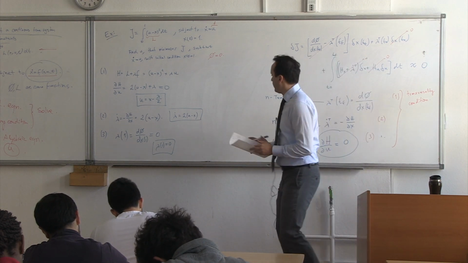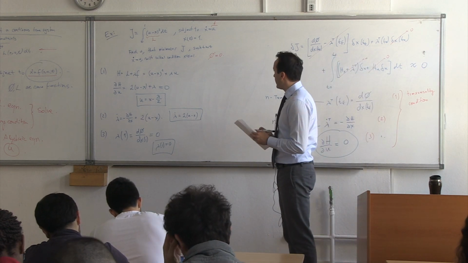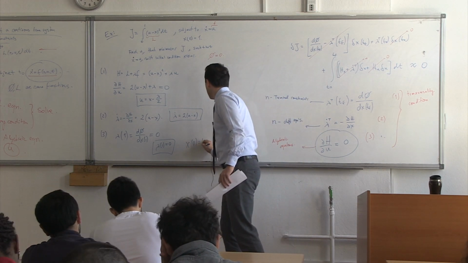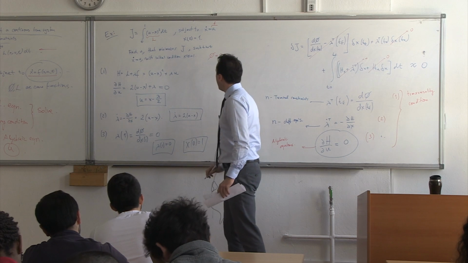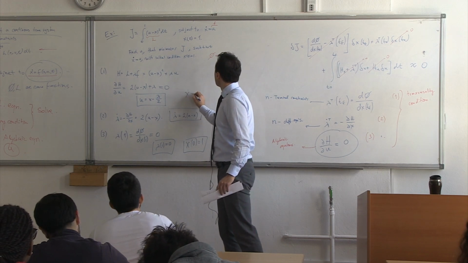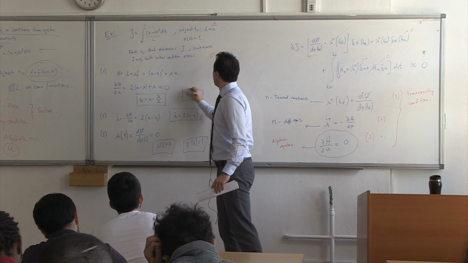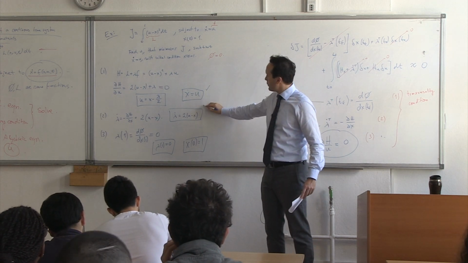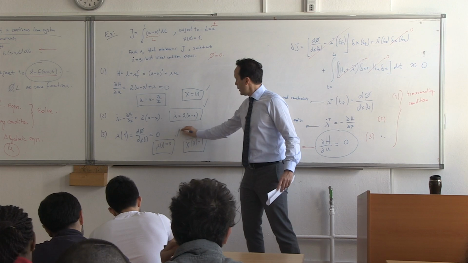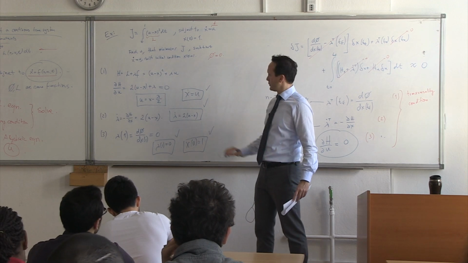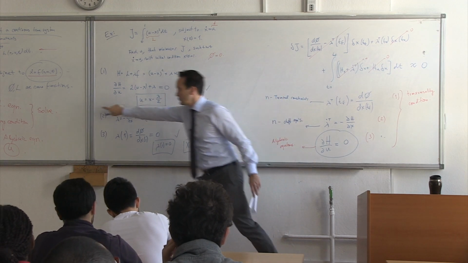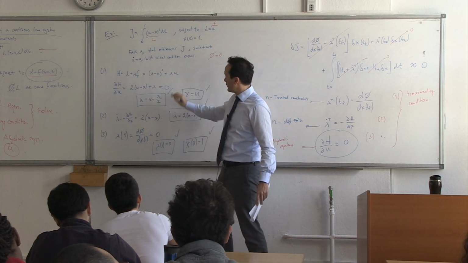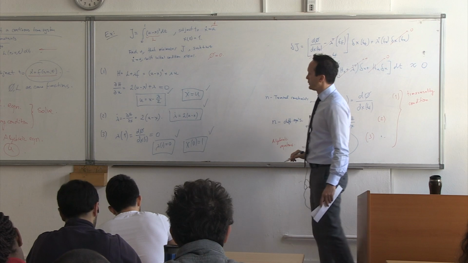Okay, and what else do I have? I have x0 is equal to 1, that is already given in the problem. And I have x dot is equal to u. Good. Look at this. Two differential equations, two terminal constraints. I should be able to solve this. And u is equal to that.